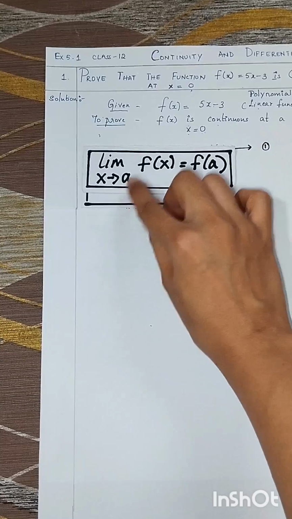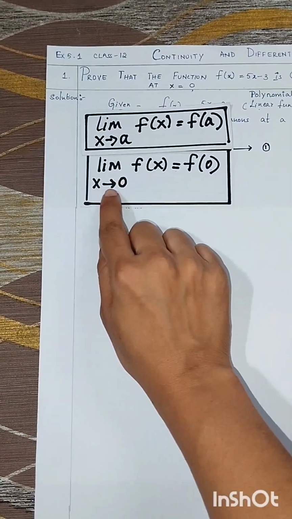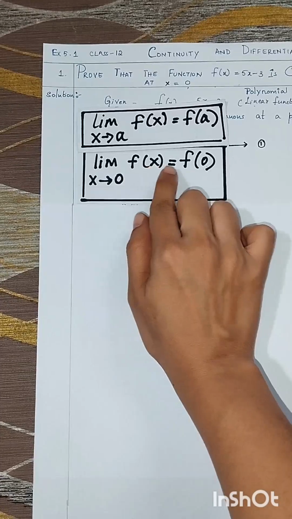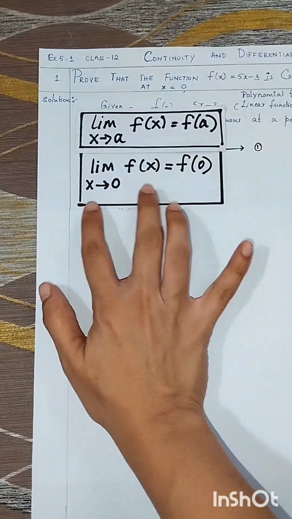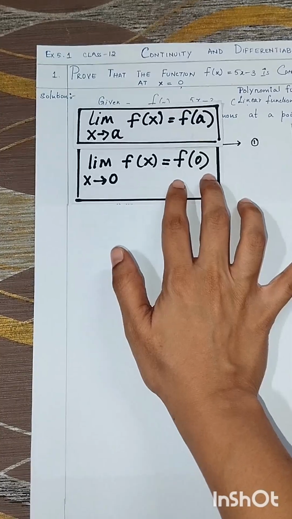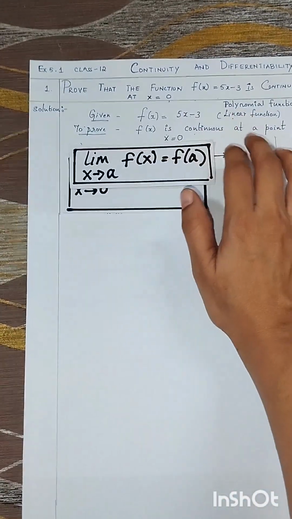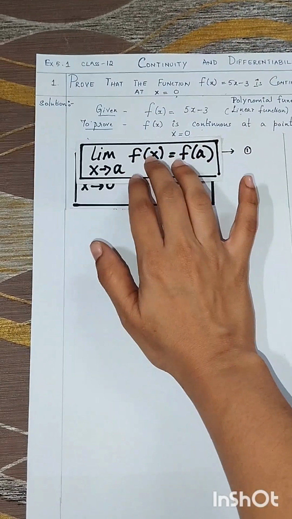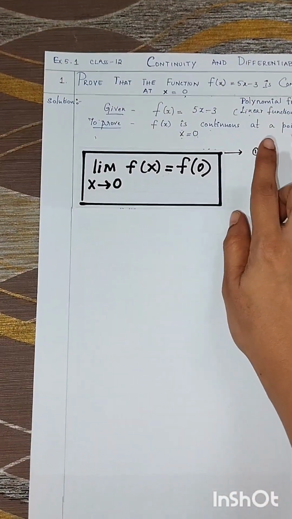So in the place of a, we will write limit x approaches 0, f of x is equal to f of 0. So if we prove that this LHS is equal to RHS, then it is clear that the given function is continuous at a point x equal to 0. Okay, so let us label this as 1.